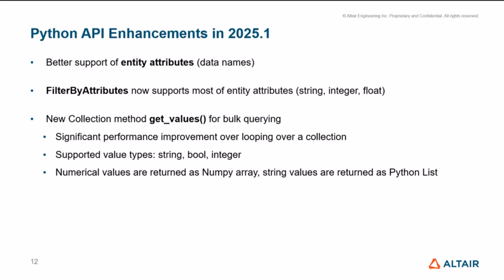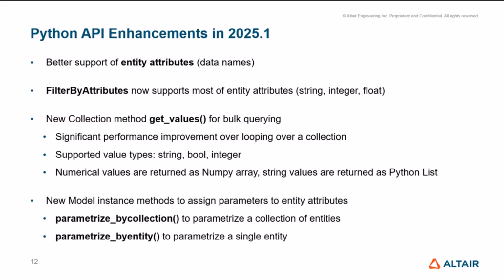You can ask for all the data from it, in other words, the attribute value for all the entities inside, and it will be returned either as a NumPy array for numerical attributes or for string values as a flat Python list.